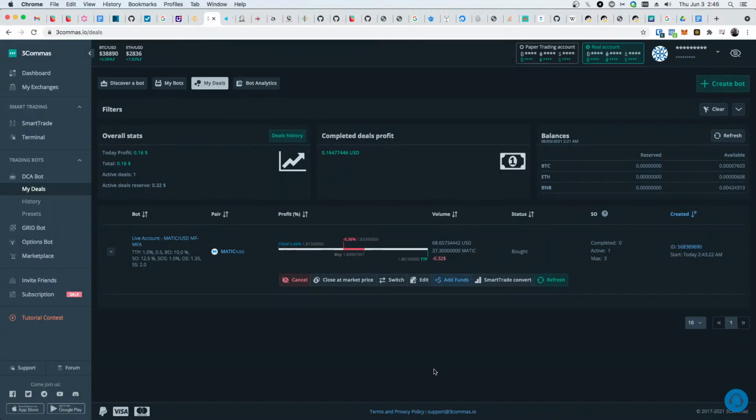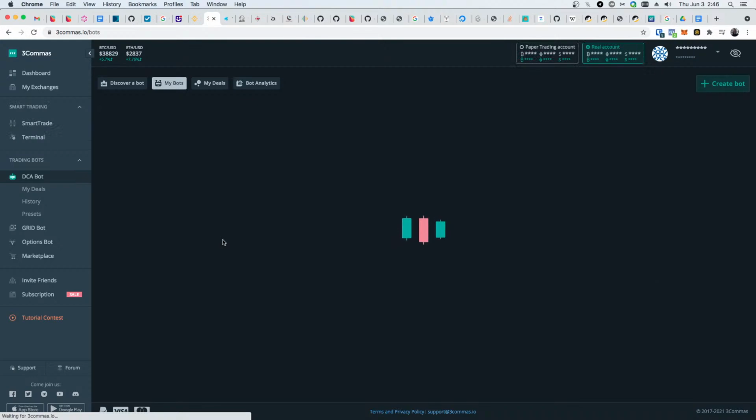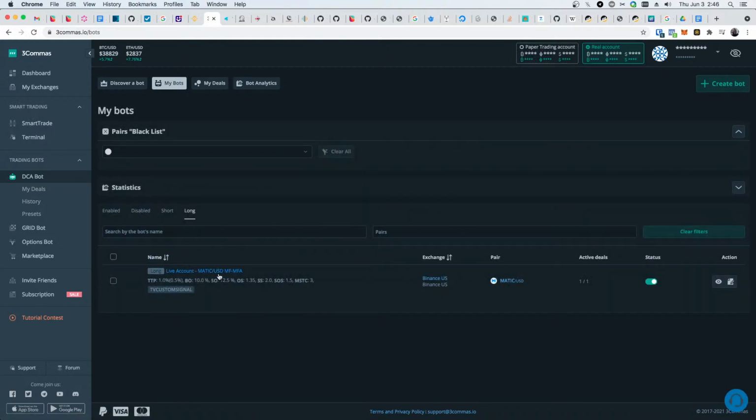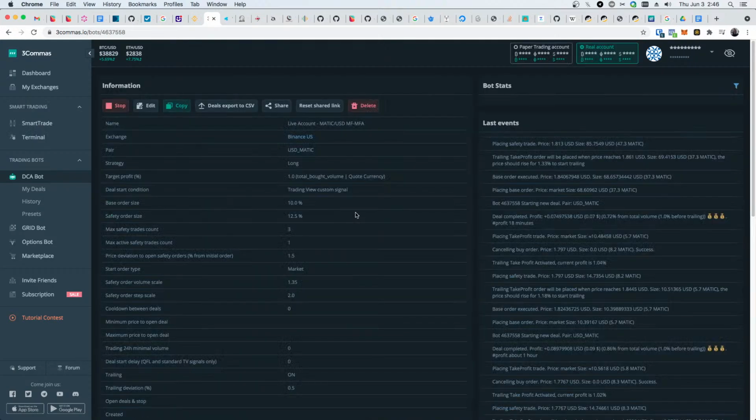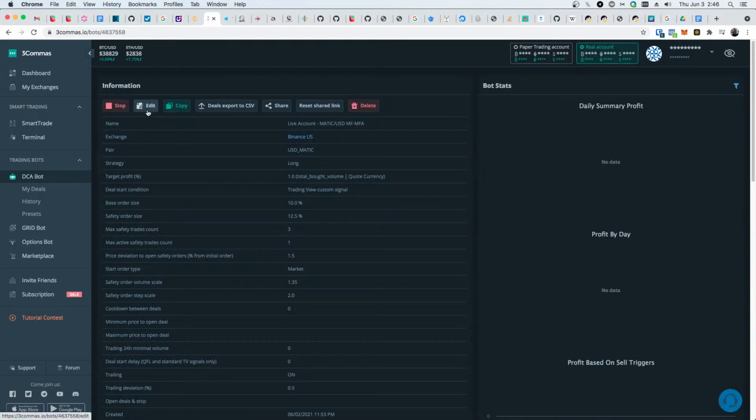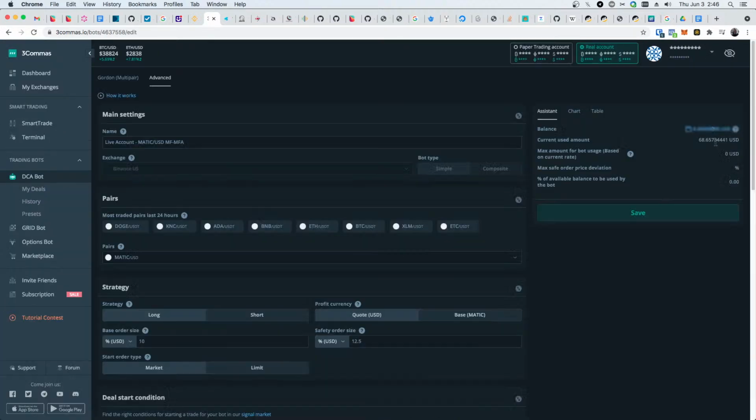Let's go look at the live bot, because I did make some very significant changes. For one, I'm not rocking $12,000 USDT or USD for that matter. You can see I'm working with 530 US dollars in real money.